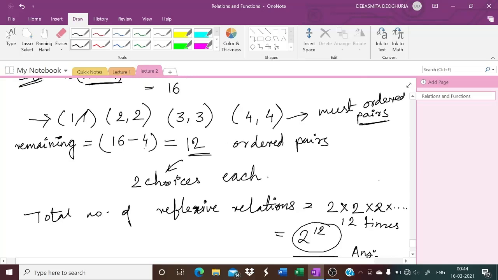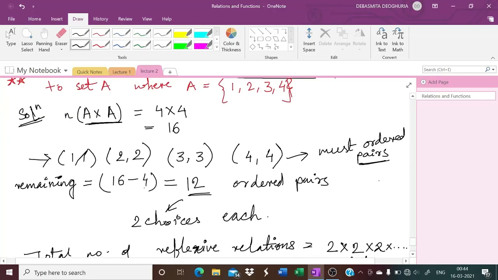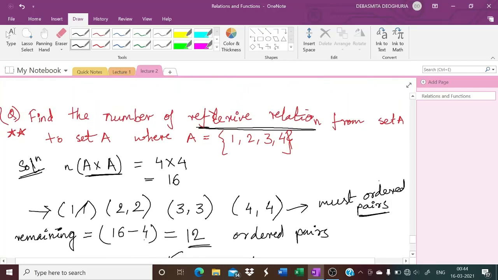So this question was one I found to be interesting and tricky. The rest of the questions come in the same type of pattern, where they will give you some relation and you have to say whether the relation is only reflexive or only symmetric or only transitive or any two or equivalence relation, like that.